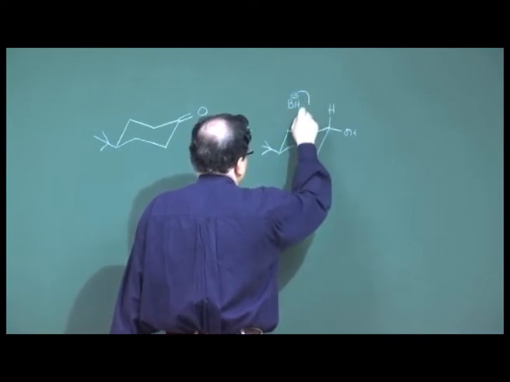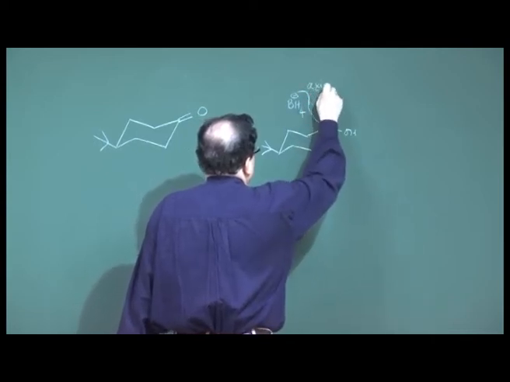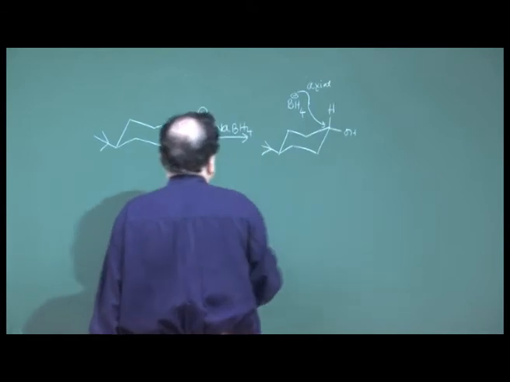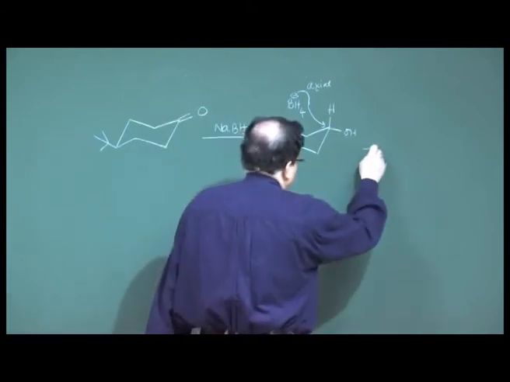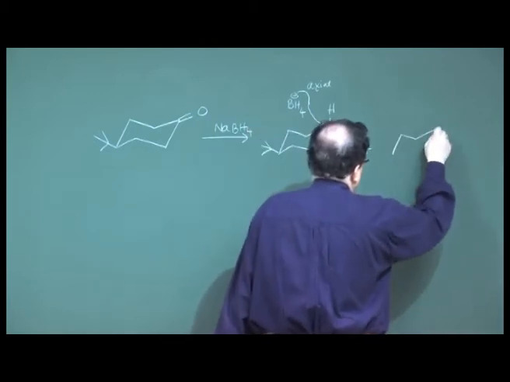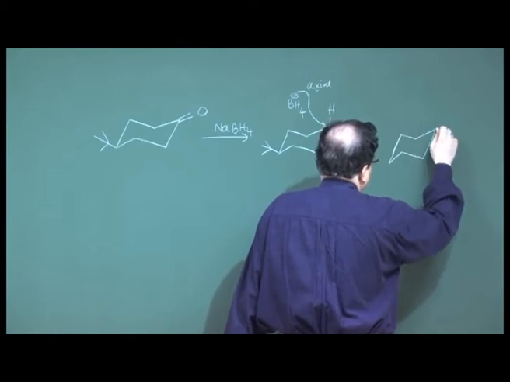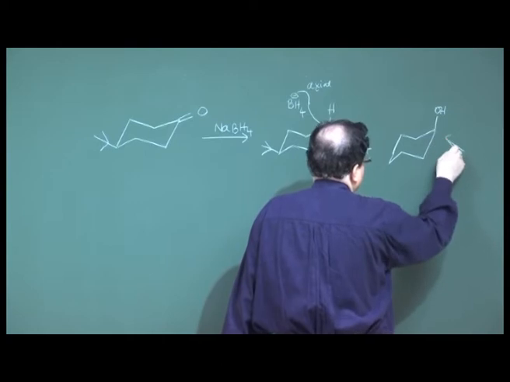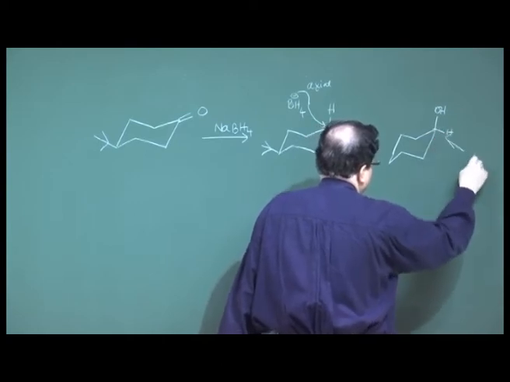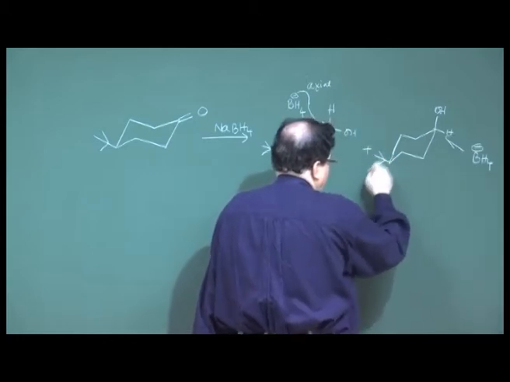So, the borohydride approaches from the axial face to give the equatorial alcohol. And to get the axial alcohol, the borohydride approaches from the apparently more sterically accessible equatorial side. So, here this hydrogen comes from the borohydride, approaching from the equatorial face.